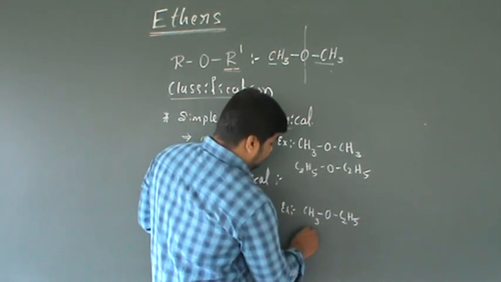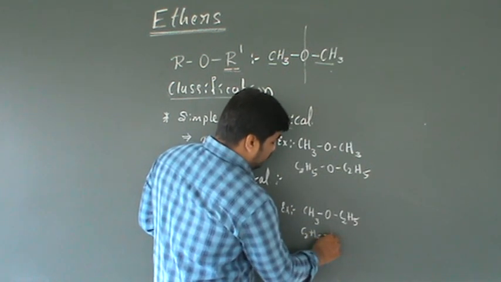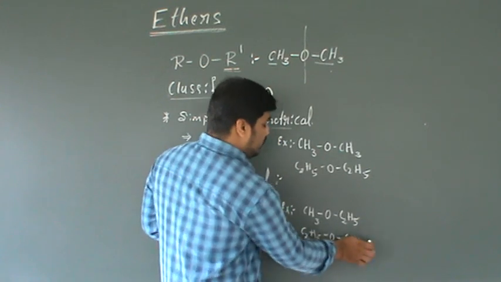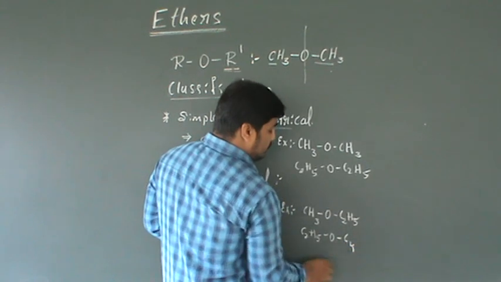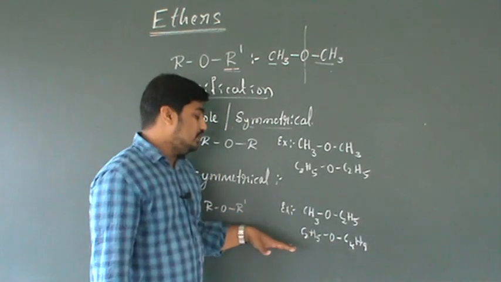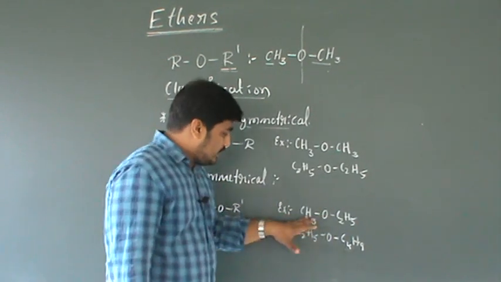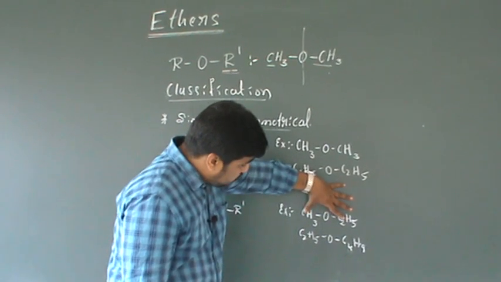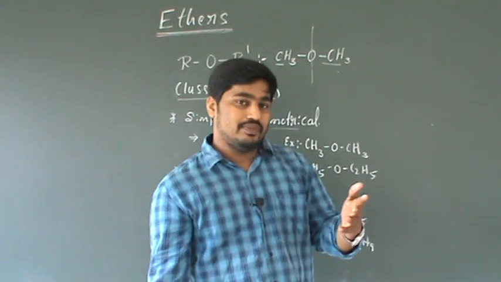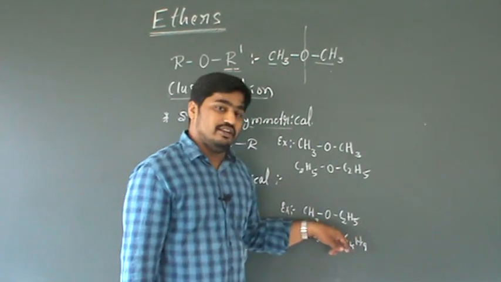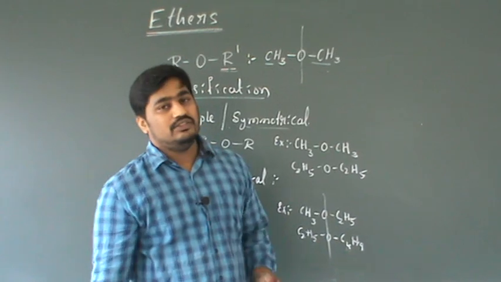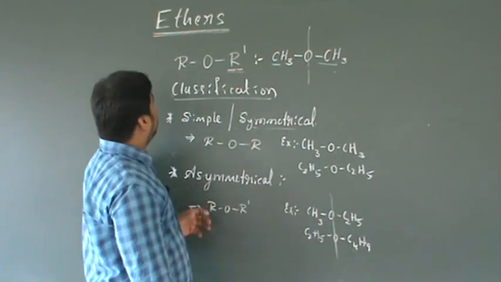We can take another one, C2H5OC4H9. Here, oxygen is attached to different types of R groups. Therefore, these are asymmetrical. Around the oxygen, you can't observe any symmetry. So this is the other type of ether.